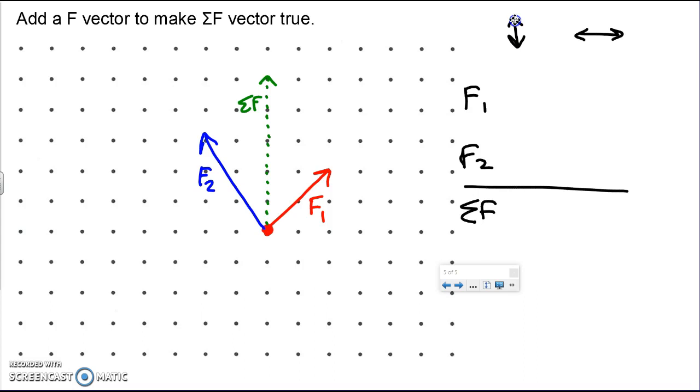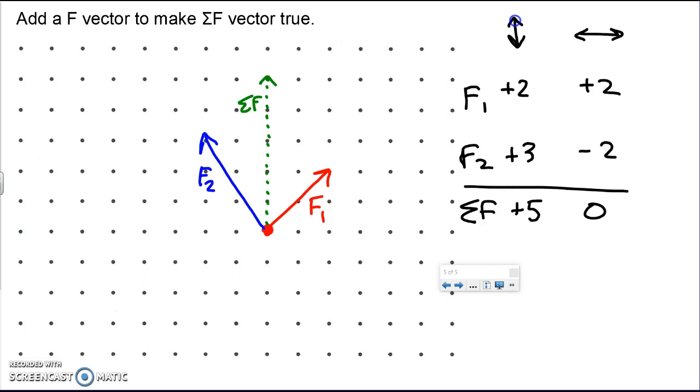Okay. But we know that the total force, we want it to be straight up 5, and 0 left and right. The up and down part for force 1 is going to be +2, and the left and right part is +2. For force 2, the up and down part is +3, and the left and right part is -2.